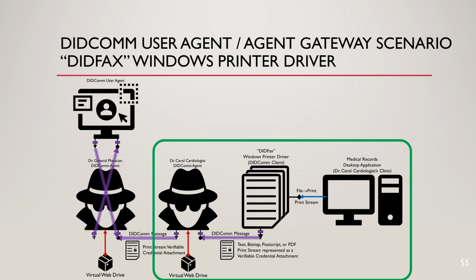Carol Cardiologist's agent then needs to route that print stream, that DIDComm message, over to my general physician's agent here in the blue box. We see that in the bottom left-hand corner, the routing of the DIDComm message with the print stream attachment from Carol Cardiologist over to my general physician.